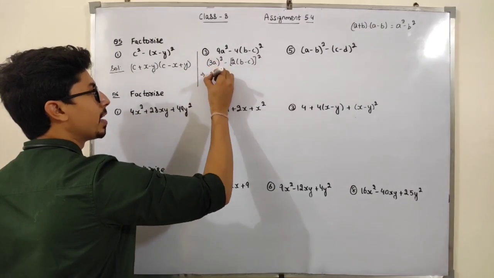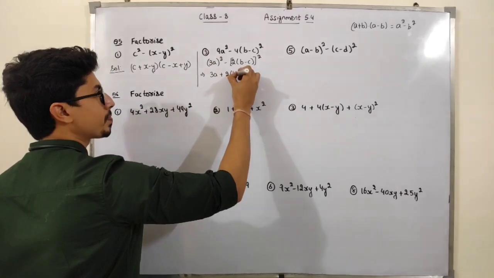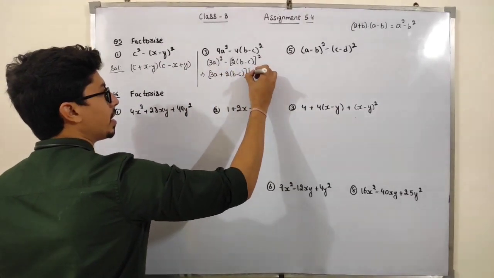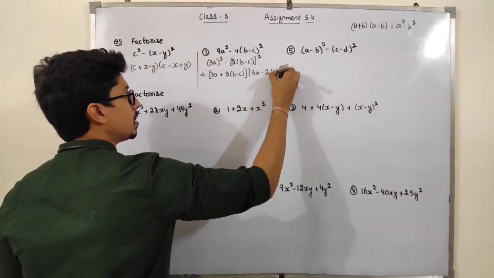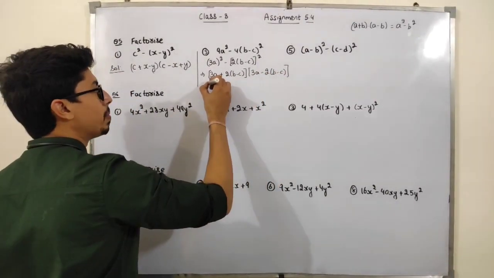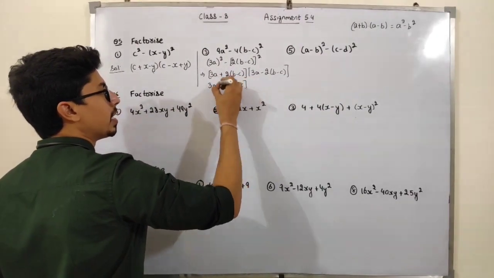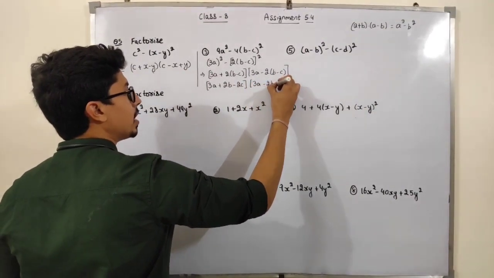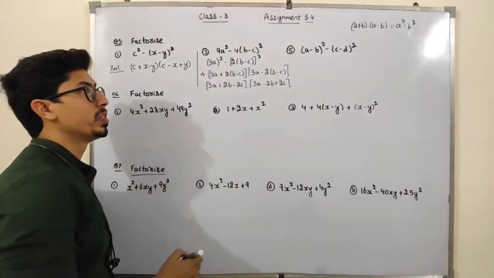So, a plus b, where b means this number, is our first factor, and a minus b is our second factor. Now, students, the answer will be 3a plus 2b minus 2c, and the next factor is 3a minus 2b plus 2c. So this is our required answer, students.